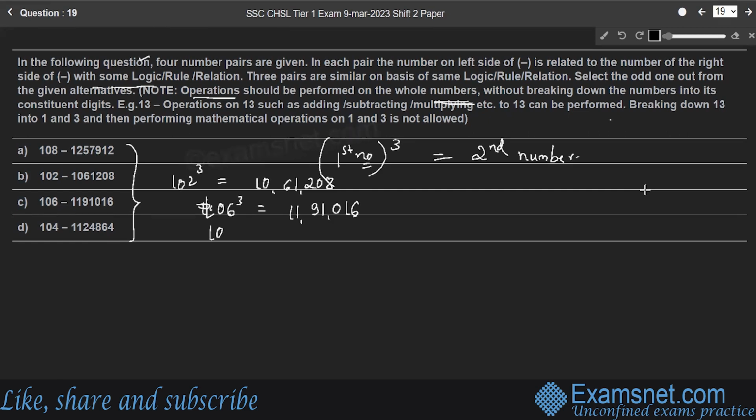Whereas the cube of 104 is 11,24,864, and the cube of 108 is 12,57,712. According to the option, it is 912. Therefore, option A is the odd one, where the cube of the first number is not equal to the second number.